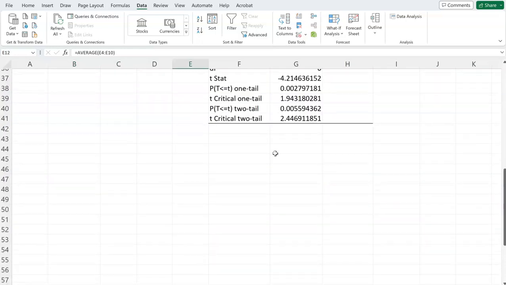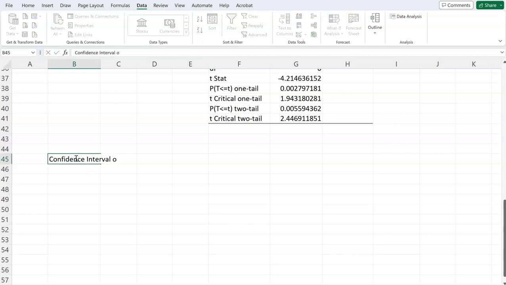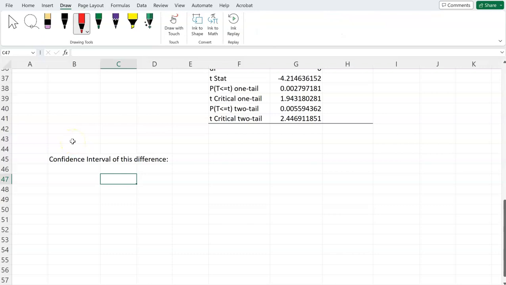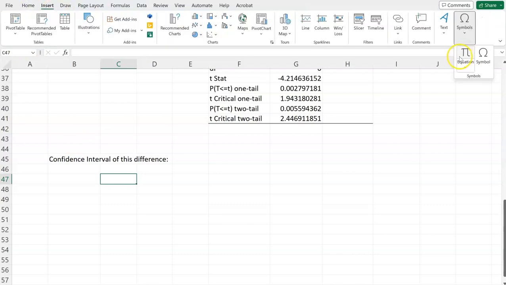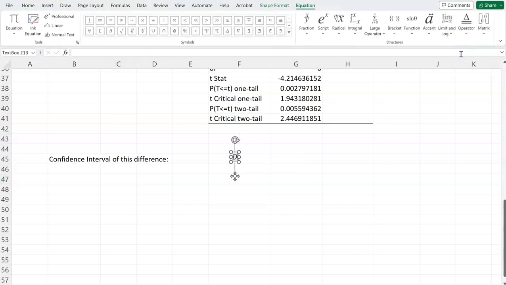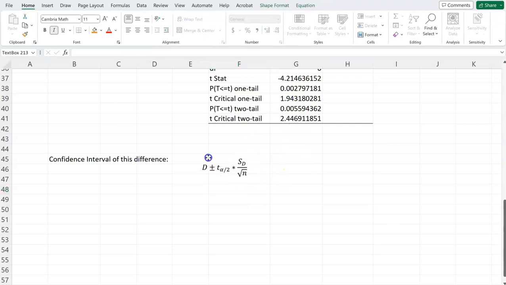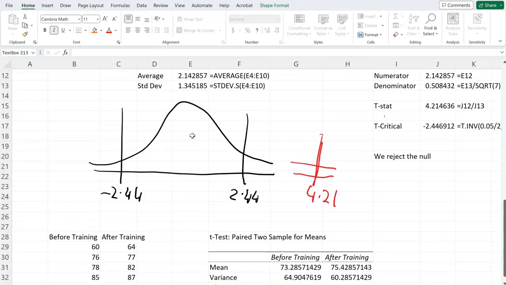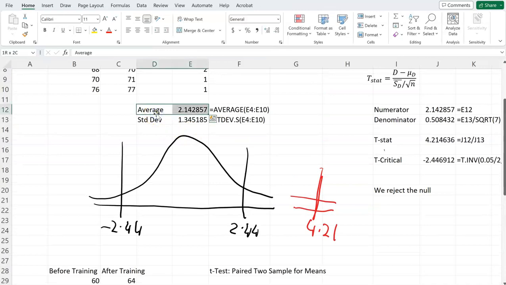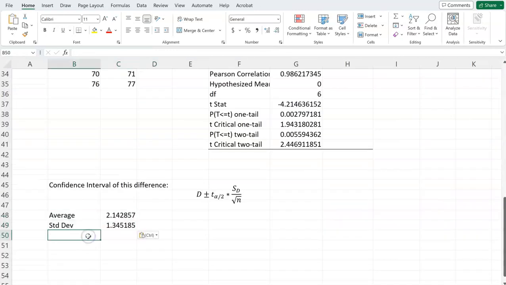Now, what is the confidence interval of this difference? The formula for the confidence interval is going to be very similar to what we did before. It will be basically the d I have, plus or minus t. So this will be my confidence interval. Now, let me just bring these numbers over here so I can see what they are. And my n is 7.